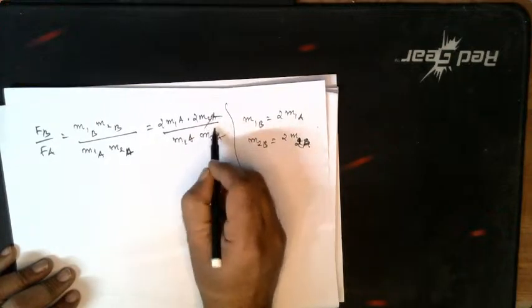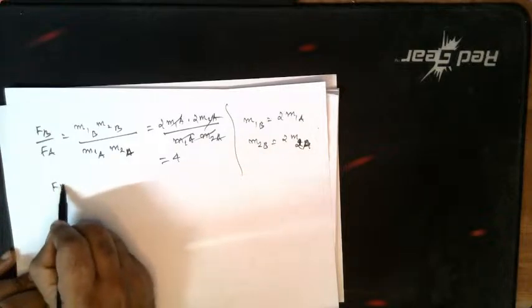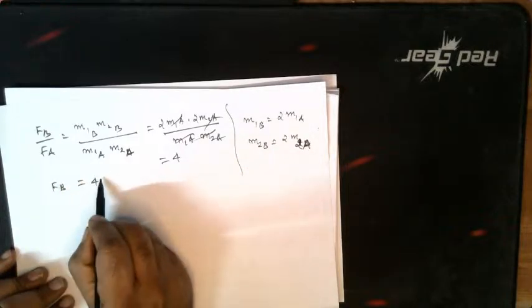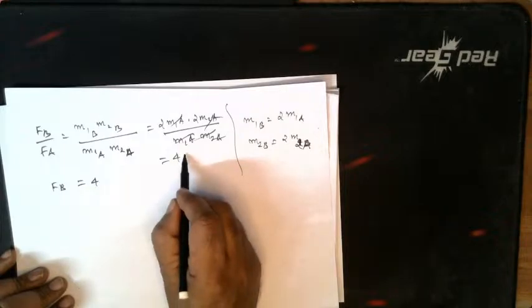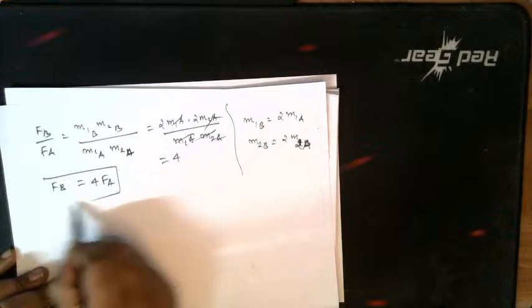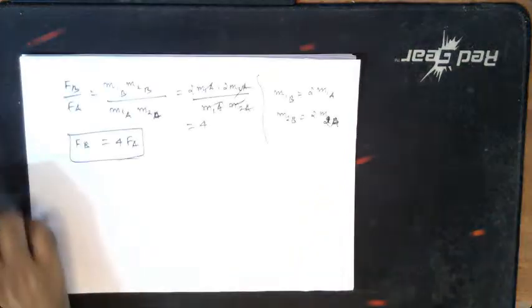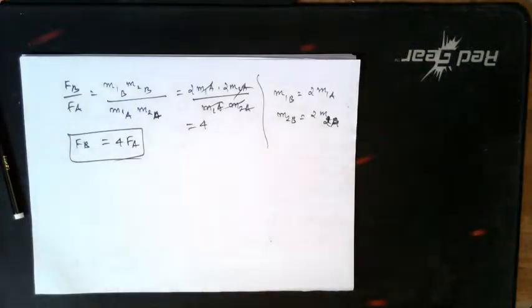So you can cancel this, and you get 4. Therefore, FB is equal to 4 times FA. It means FB will be 4 times the FA. Are you able to follow this?